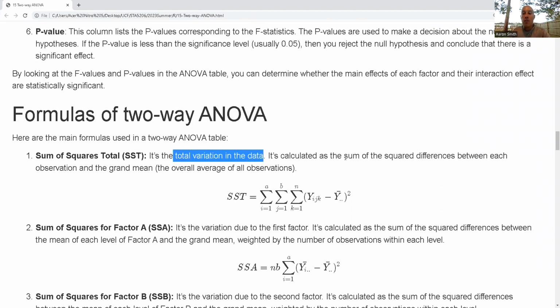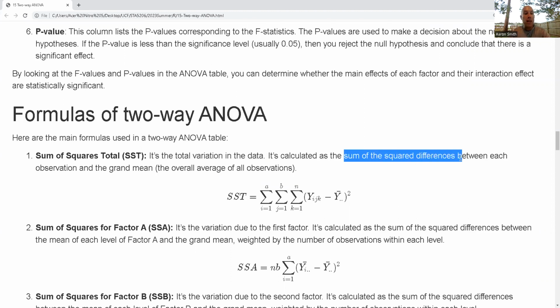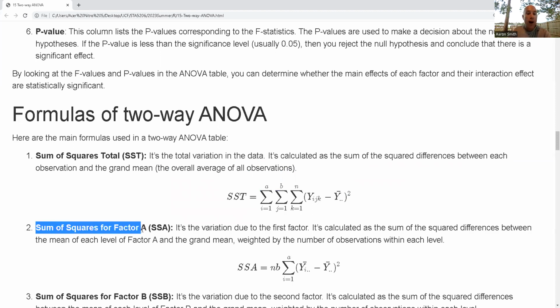It's calculated as the sum of square differences between each observation and the grand overall mean. So for each individual observation, I subtract off the overall average, I square it, and then I add them all up.